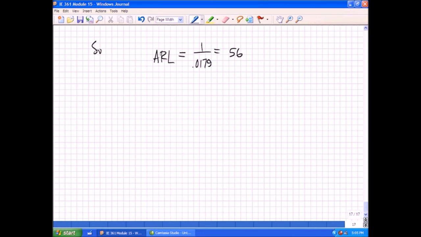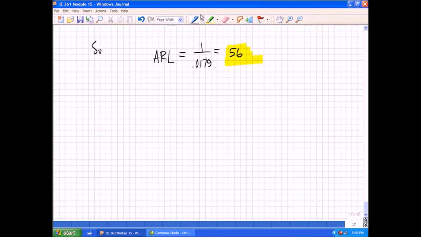What that says is that even though there's been a very substantial change in the process mean to where 44%, 45% of what is being made is now non-conforming, it's going to take you, on average, 56 sampling periods to detect that.